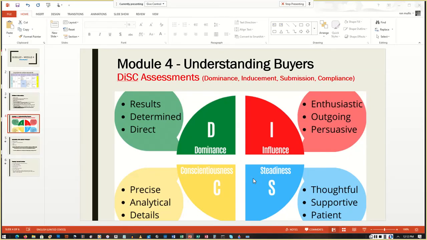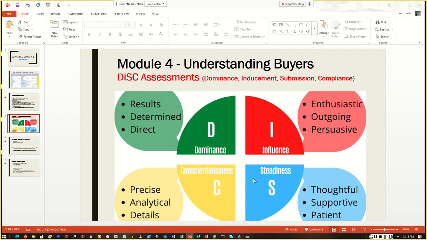All right, so this week we're going to be discussing understanding buyers again. When you talk about understanding a buyer's needs and why those needs are important to them, and why it's vital to a winning sales opportunity, without this knowledge, sales professionals have a difficult time presenting the value and the benefits of their products and their services.